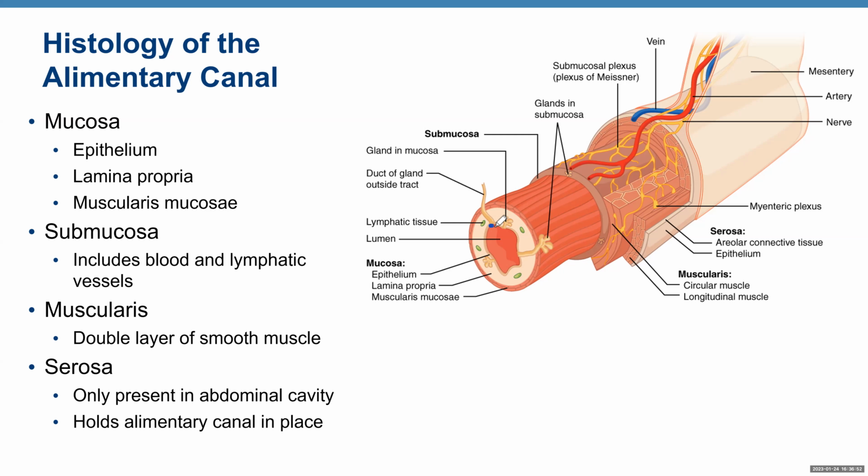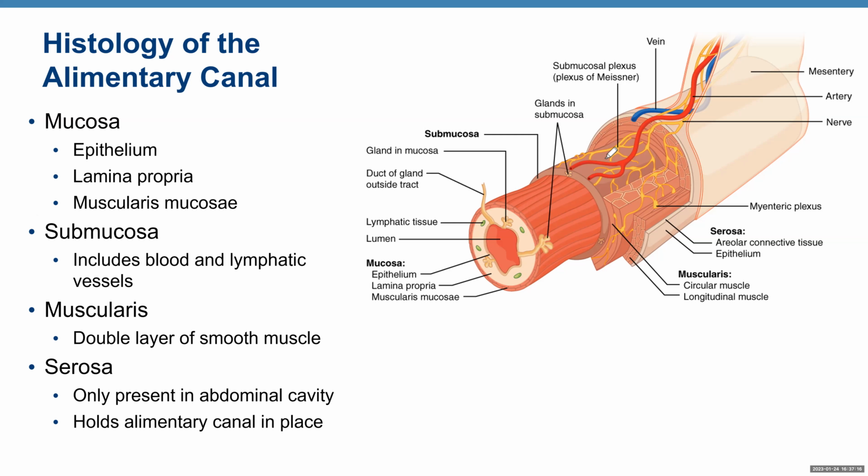So here's our epithelium. Most of the epithelium is simple columnar. Then the lamina propria and the muscularis mucosae layer, which is a layer of smooth muscle. Then submucosa.